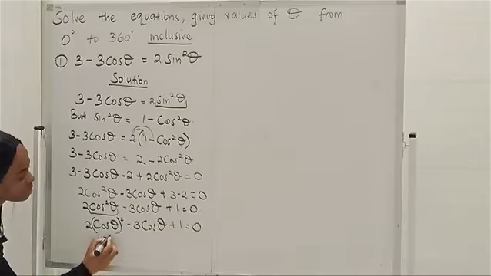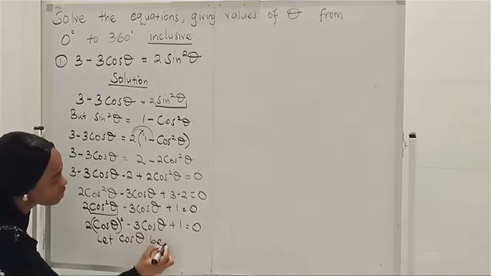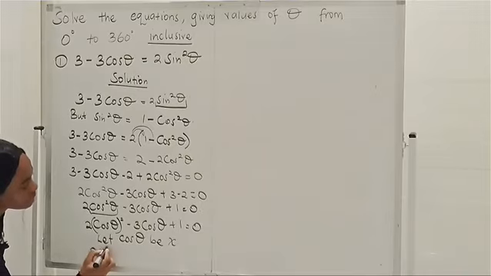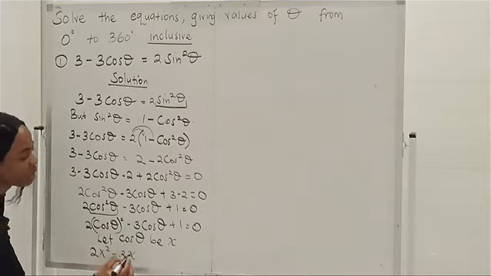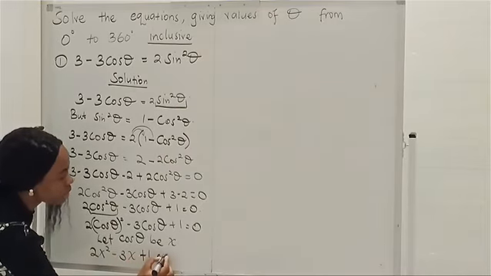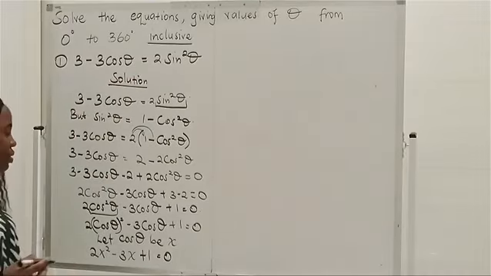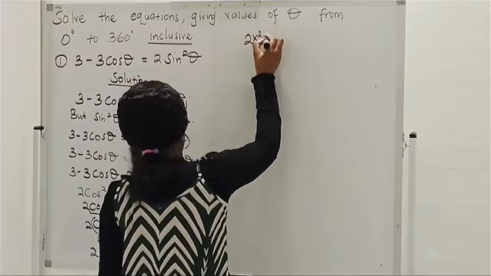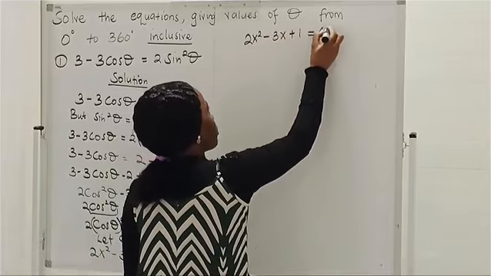Now you let cos theta be any variable. Let me call it x, okay? Now this is going to become 2x squared minus 3, where there is cos you put x, plus 1 is equal to 0. Now let me rewrite this quadratic equation and we solve it. We have 2x squared minus 3x plus 1 is equal to 0.